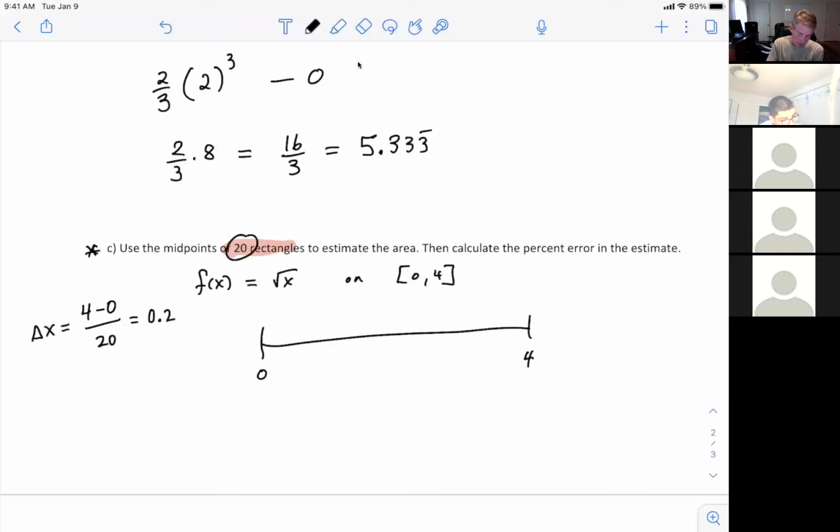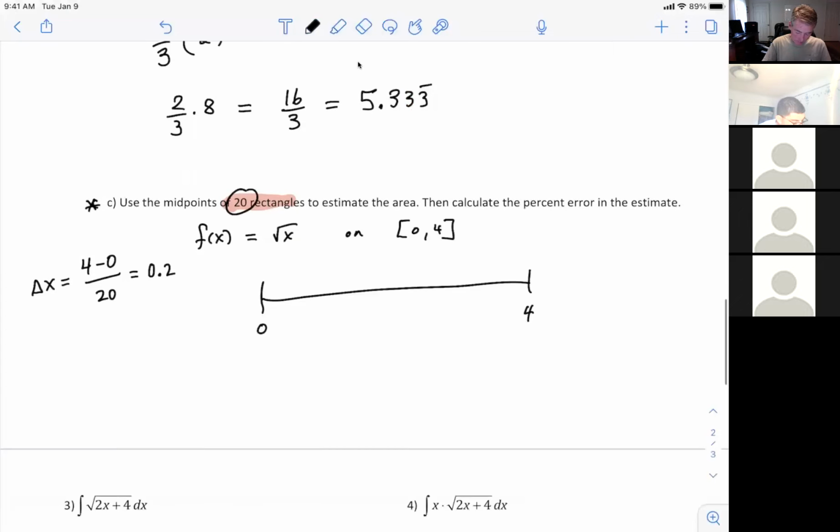I'm going to use the decimal, 0.2. So that means the first interval is going to go from 0 to 0.2. And then the last interval, well, you have to go to the left by 0.2. So it's going to go from 3.8 to 4.